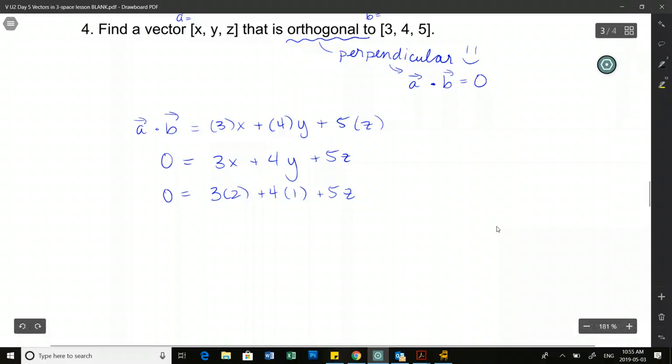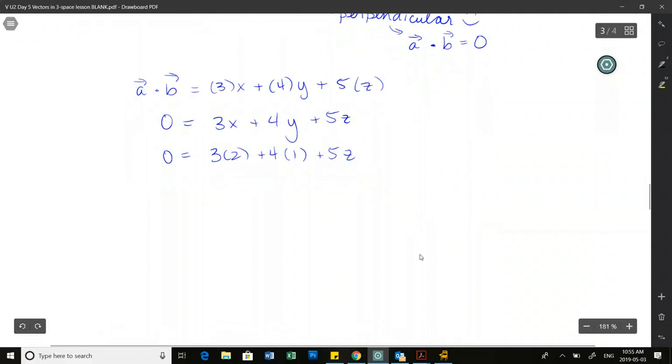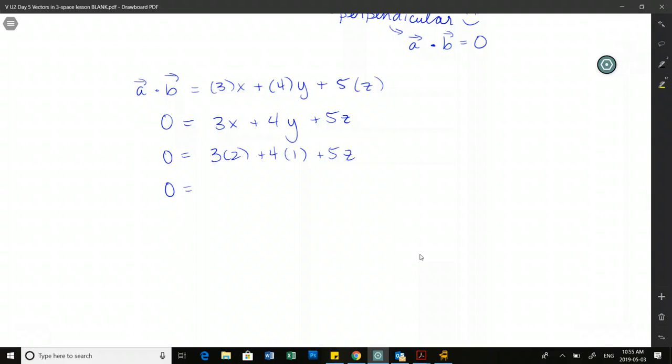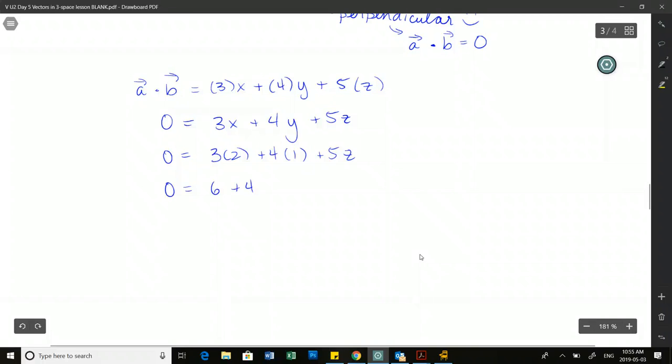Is it possible for one of them to be 0? Yeah, for sure. Can they both be 0? Actually, maybe not. What if all 3 of them were 0? That is not possible, because you don't want all of them to be 0, since that's the 0 vector.